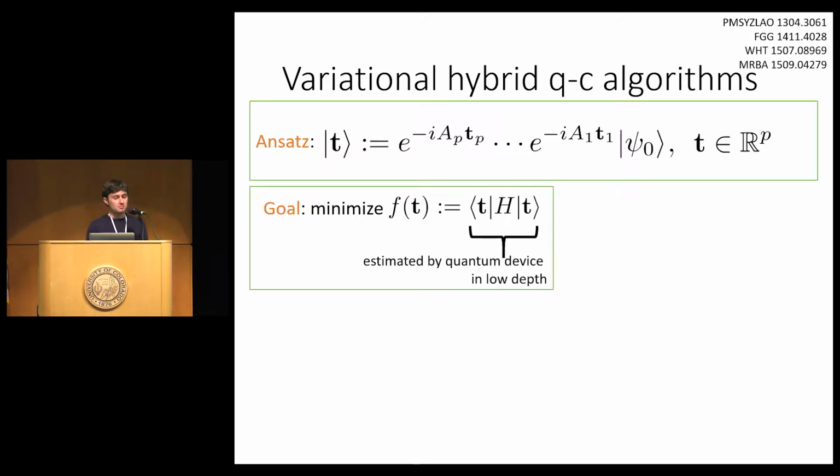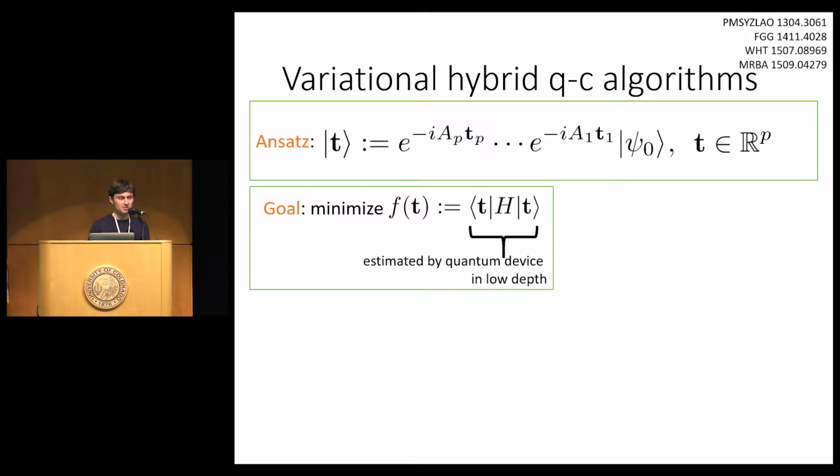The goal of these algorithms is typically to minimize the expectation value of some quantum observable H over the set of variational states. You can think of H as effectively inducing a classical optimization problem in the parameter space. Typically in these algorithms, the quantum device is used to obtain estimates of this expectation value in low depth.